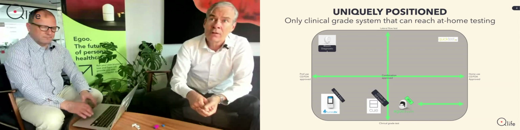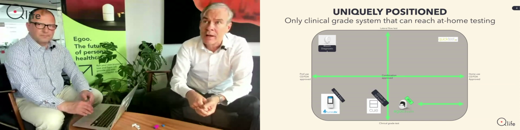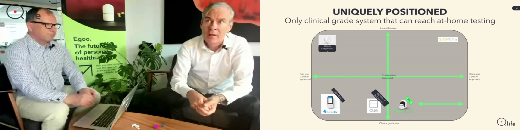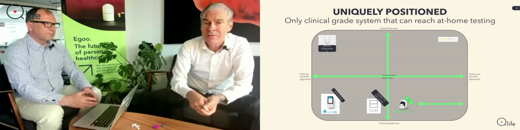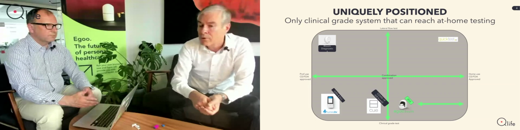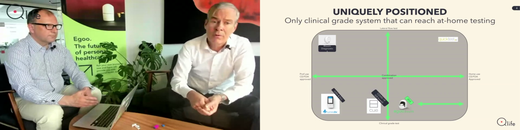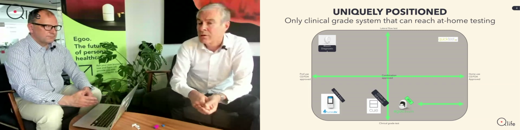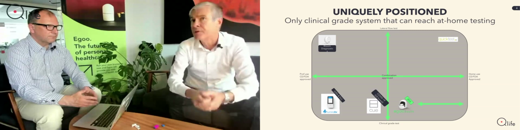If you have high quality, you typically need a professional person involved to operate the device, and it's only approved for that. If you have lower quality, like the famous antigen test that we learned under COVID, you have lower quality, but a layman person can operate it. So what we are trying to do is to have high quality and have a layman person capable of operating it and being approved for that.